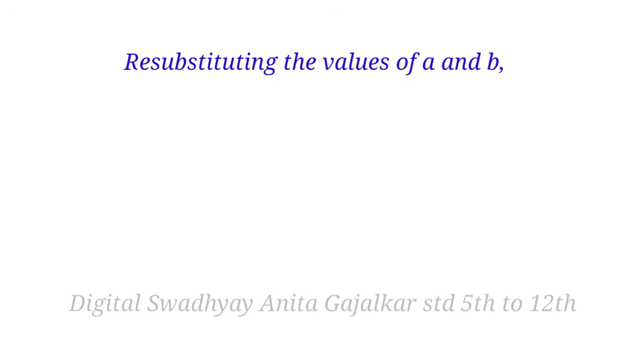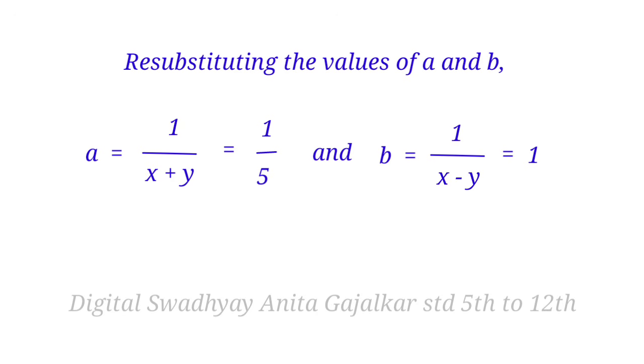Resubstituting the values of a and b, a equal to 1 by x plus y equal to 1 by 5 and b equal to 1 by x minus y equal to 1. Therefore, x plus y equal to 5, equation number 7, and x minus y equal to 1, equation number 8.